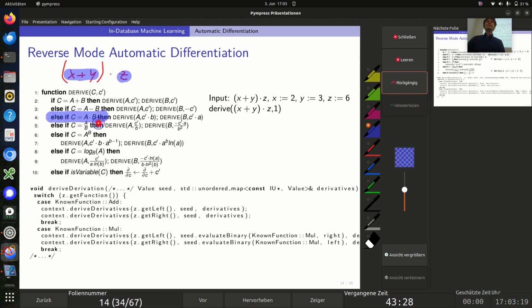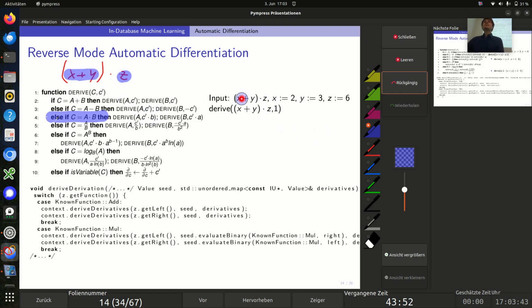So I have my A, which is x plus y, and I have my B, which is z. And then I recursively call the algorithm, onto the left side and onto the right side.